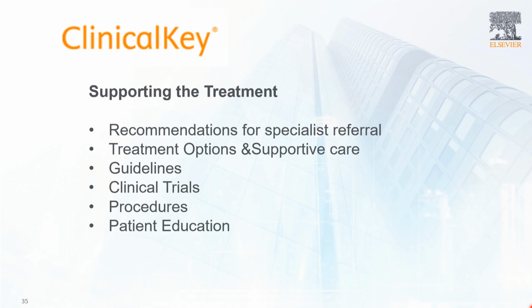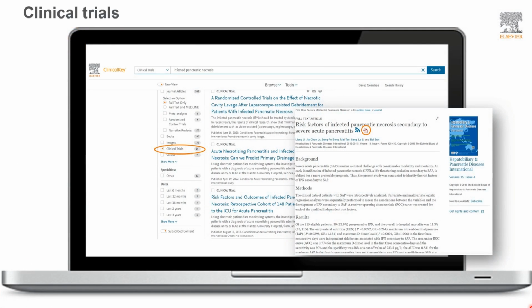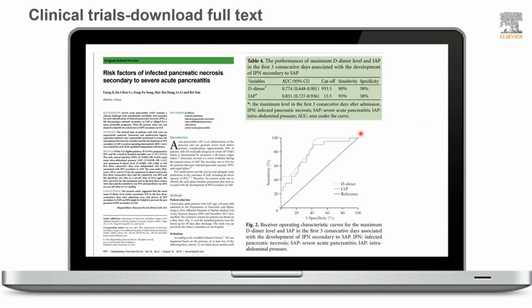Out of this consideration, we could search clinical trials that focus on the risk factors of IPN in ClinicalKey. Similarly, we search infected pancreatic necrosis in clinical trials, and full text of the articles can be accessed. Some trials have already been finished, and several articles are published.